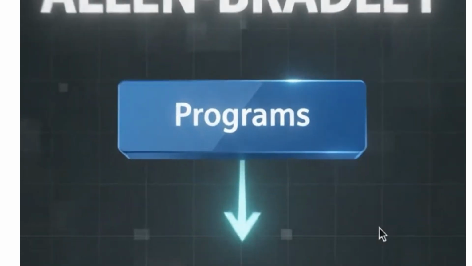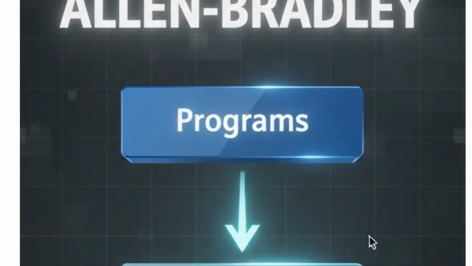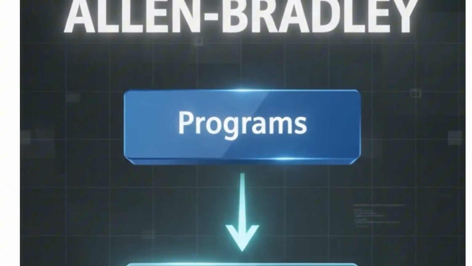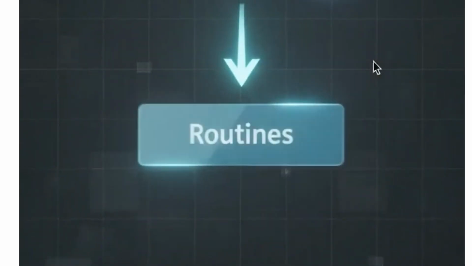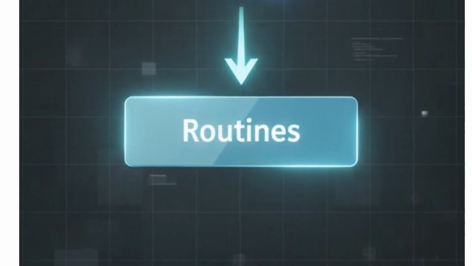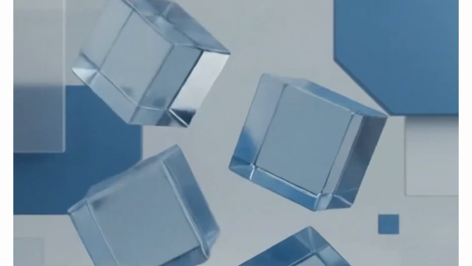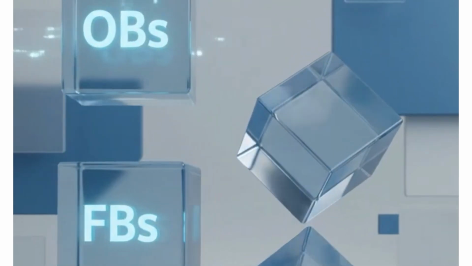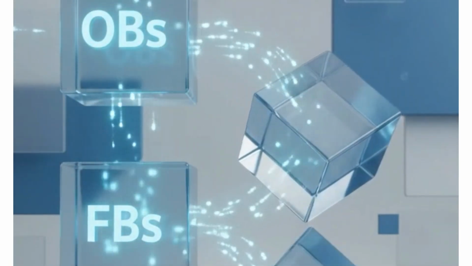Zooming out further, how the whole program is organized. Allen Bradley structures a project into programs containing routines. You might have a main routine, a motor control routine, a fault handling routine, called from main. Siemens structures a project into blocks with specific types. Organization blocks, or OBs, are the entry points, OB1 being the main cyclic program.